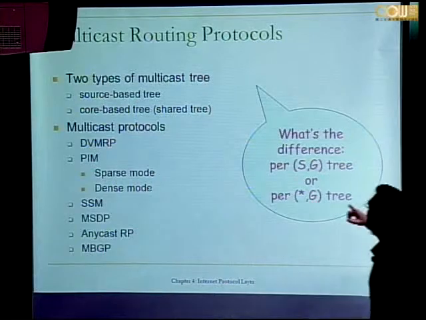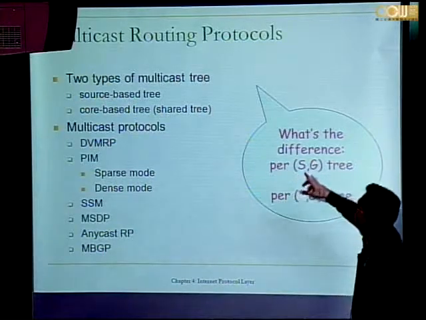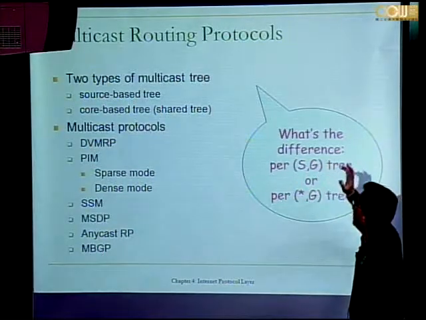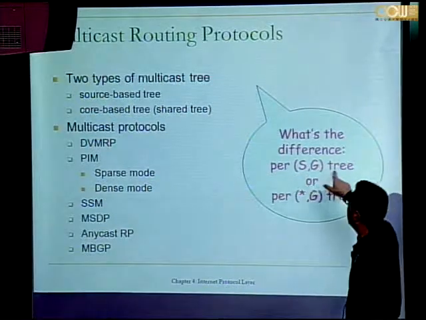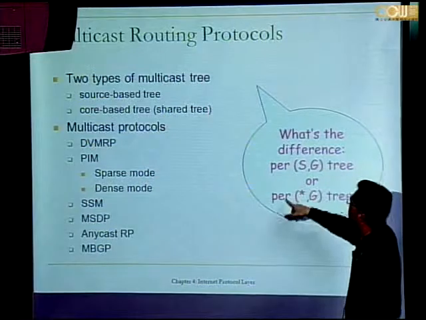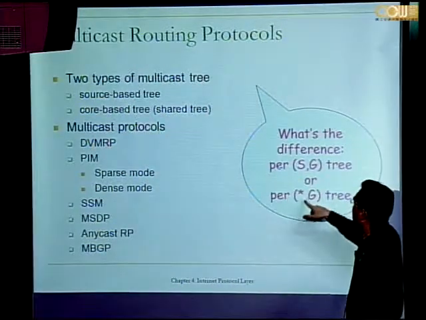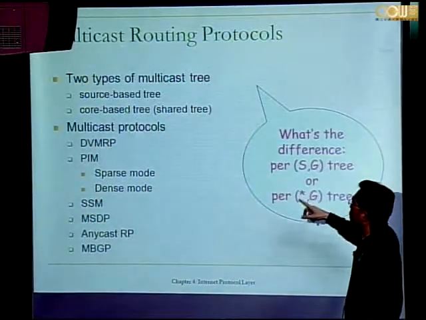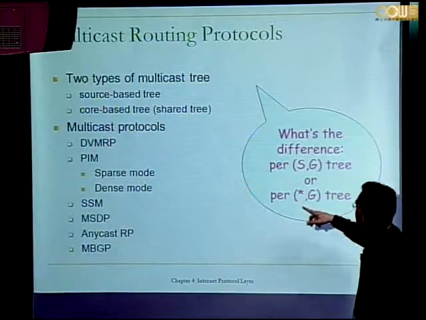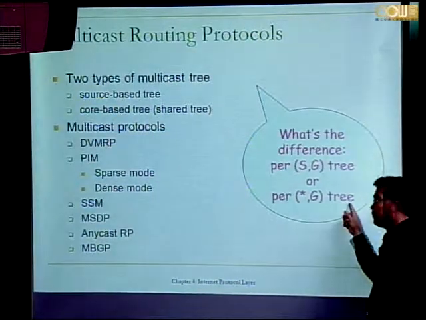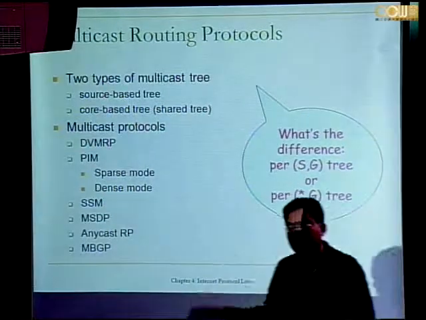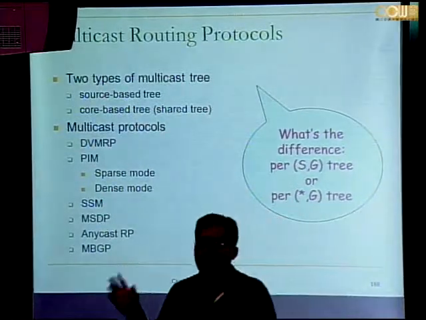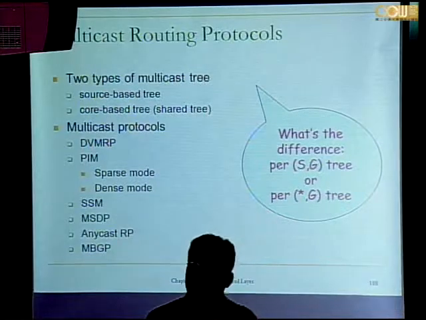So if we have a source-based tree, it means that for a group of 10, we would have 10 trees. So it will be per source group tree. However, for core-based tree, you only have one tree for the group, so you would have per group tree. So say I have 100 groups, each group has 10 members.